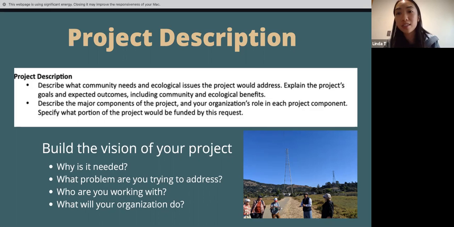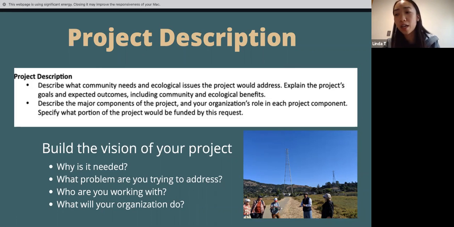Maybe that project is already underway, or maybe the planning stages are just getting started, but you really want to make sure that there's strong community engagement throughout the whole process. And maybe you decide that that is the project you want to focus on.